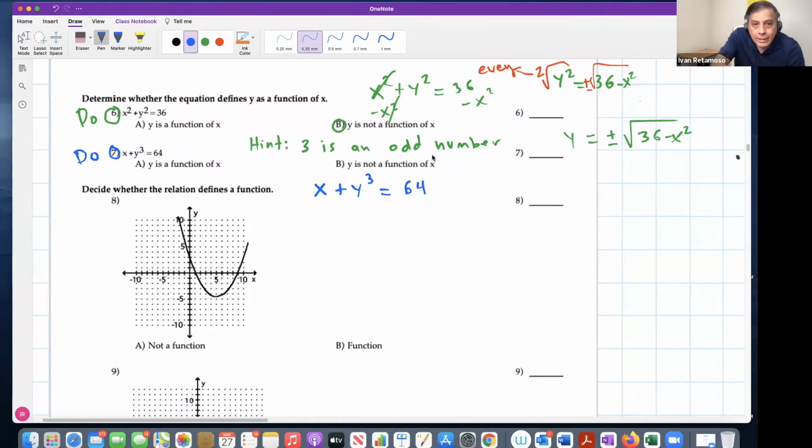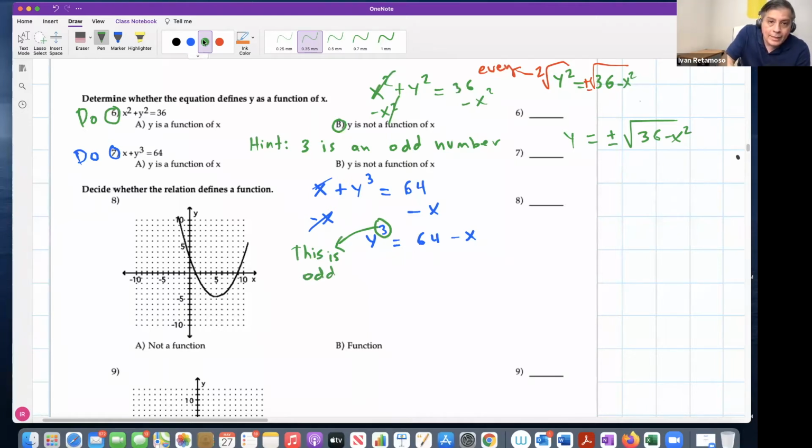Very good, guys. You made my day. Julie, Alan, Khan, Hughie, Lucero. Excellent. I think you understood this. Look, if we follow the method that we suggested, subtracting x on both sides leads to y cubed equals 64 minus x. Now, notice we have exponent 3 here, and this is odd.